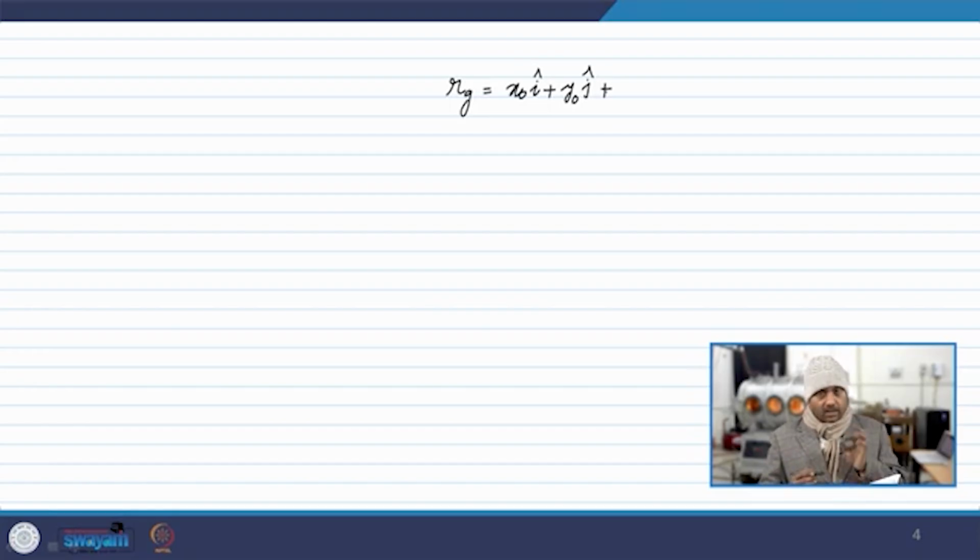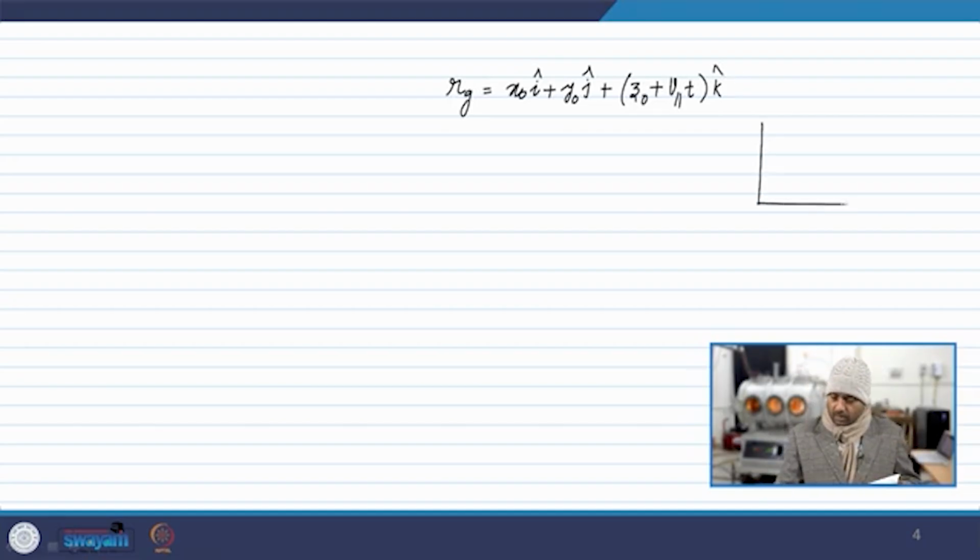So x0 will remain as it is, the point on the x coordinate, y coordinate will also remain a constant, but the particle is moving along the z direction, right. So the guiding center's position on the z axis will change with respect to time. So it will look something like this: z0 plus v parallel t times k cap. I hope you are able to understand this.